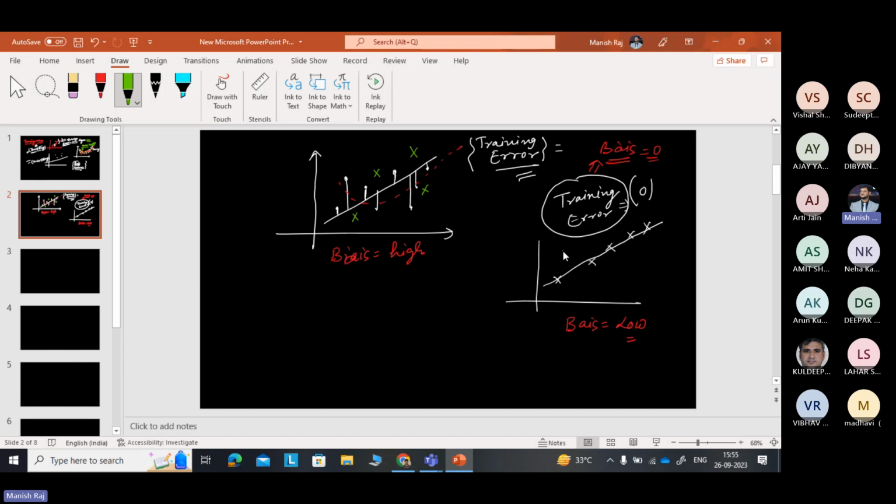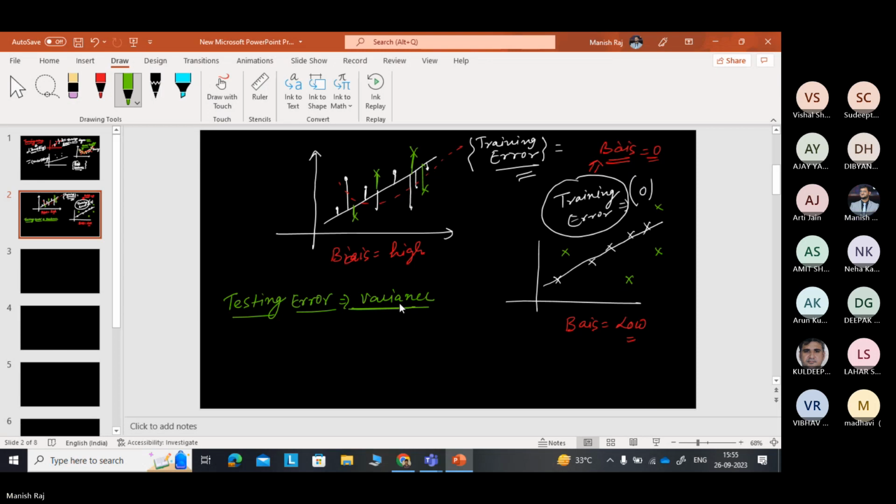Tell me if this is the error. So the second error, you can say that is the testing error. You can relate this testing error to the variance.